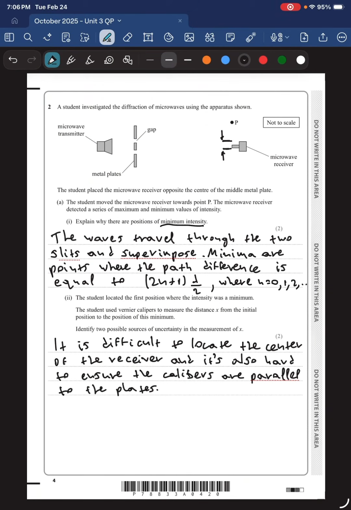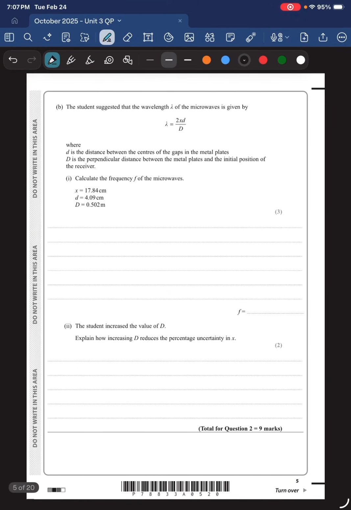So it's really hard to keep those calipers parallel to the plates, and also figure out where the center of the receiver is and so on. So it requires delicacy in the handling of this instrument, I guess. So let's go to part B.